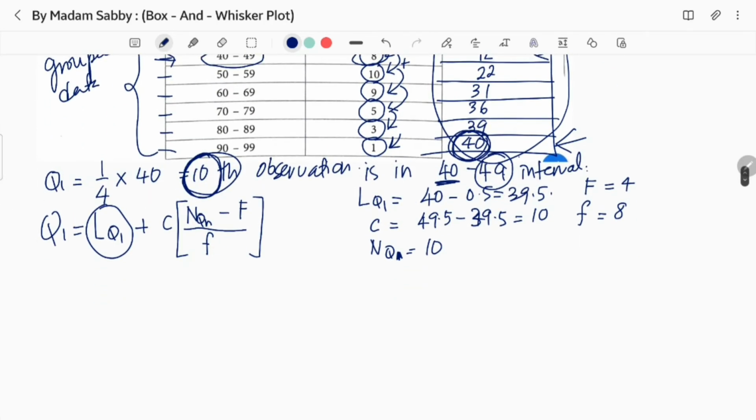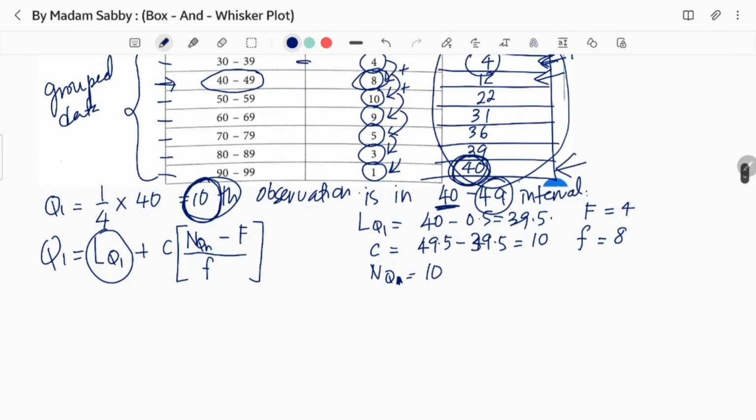Okay, now after we have all the information, we can calculate your Q1 and substitute into this formula. The formula might look slightly different compared to the one in your textbook, because I simplified it so that I can remember it easily.